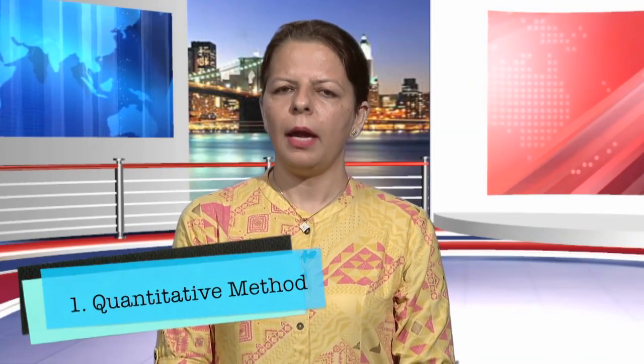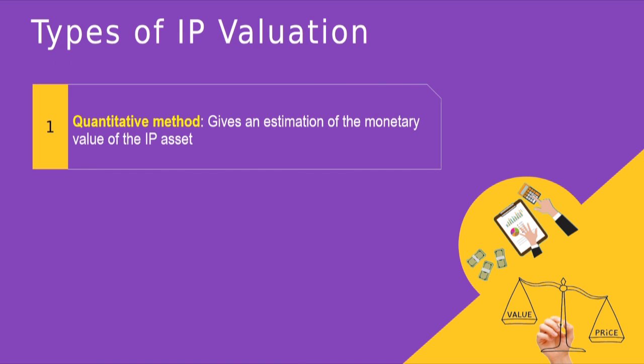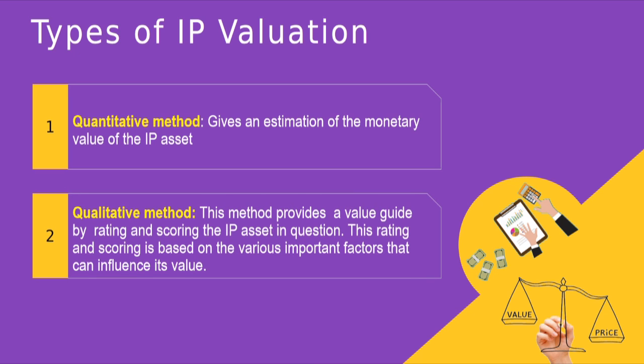Now, there are different types of IP valuations. These are divided into two types, quantitative method and qualitative method. Quantitative method gives an estimation of the monetary value of the IP asset, and qualitative method provides a value guide by rating and scoring the IP asset in question.